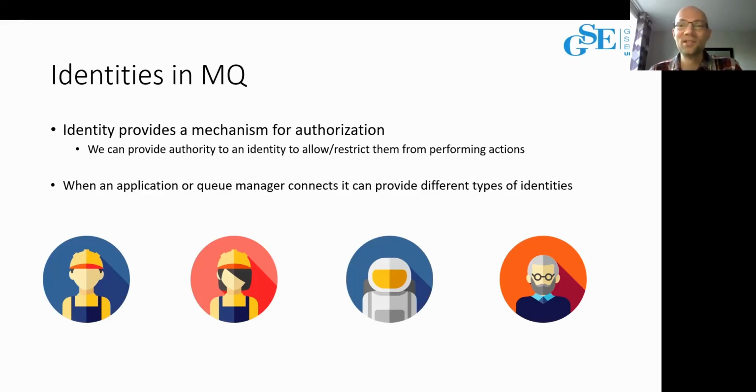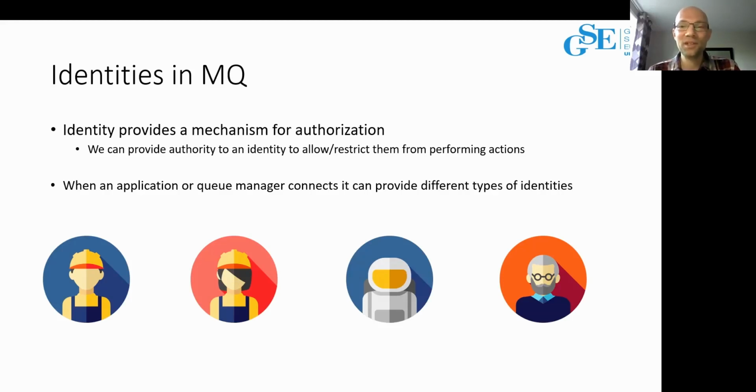Either way, it's a connection, and some form of authentication needs to happen for that connection. An identity is something that the queue manager or application connecting into MQ asserts, as some form of identity that will identify it to the queue manager it is connecting to.